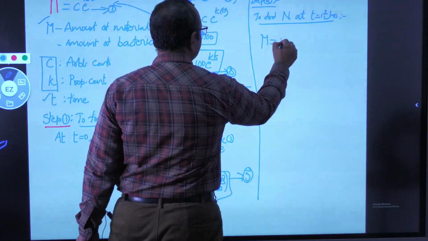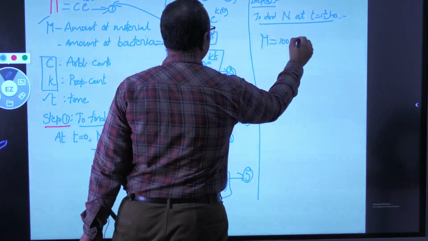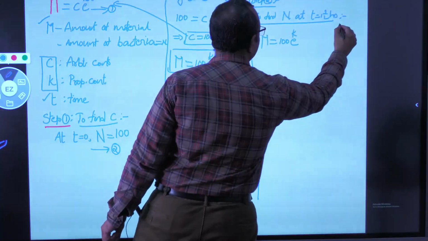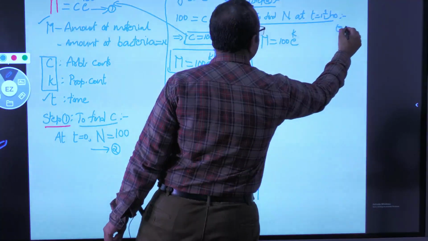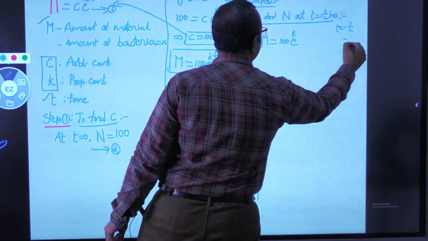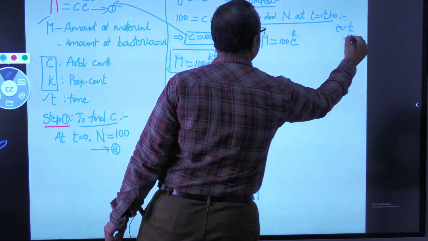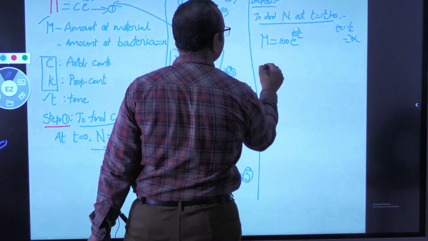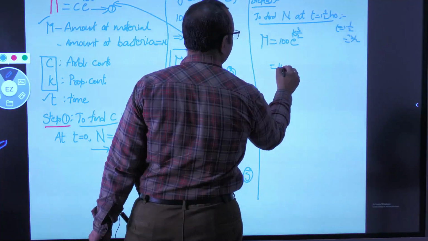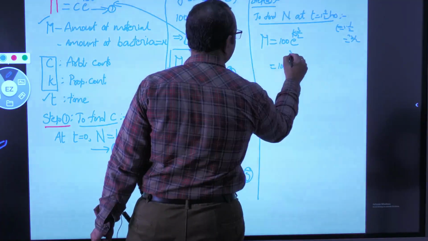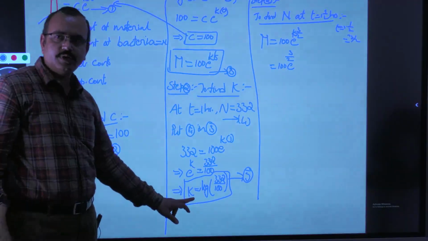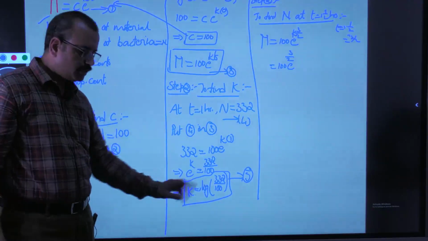So n is equal to 100 into e power k into t, where t is given as 1.5, which we can write as 3 by 2. So that is equal to 100 into e power 3 by 2 into k. Here we already have the k value, k is equal to log of 332 by 100.